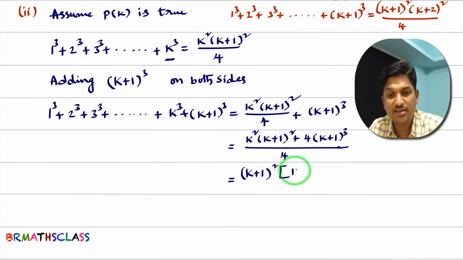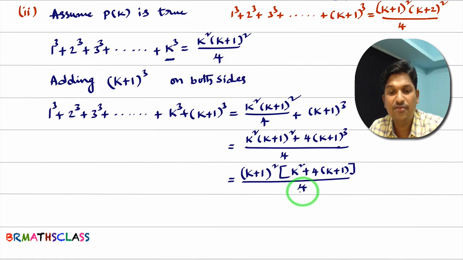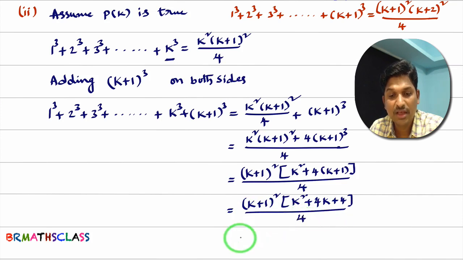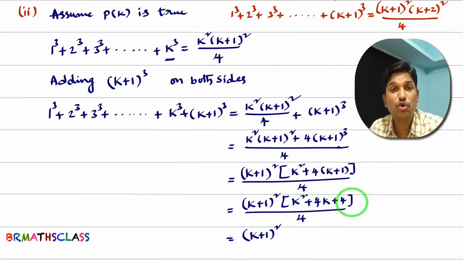Here k square is remaining, plus 4 into k plus 1, whole divided by 4. That equals k plus 1 whole square into k square plus 4k plus 4, whole divided by 4. That equals k plus 1 whole square into k square plus 4k plus 4.